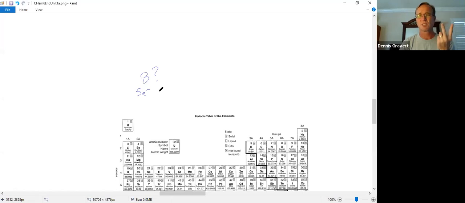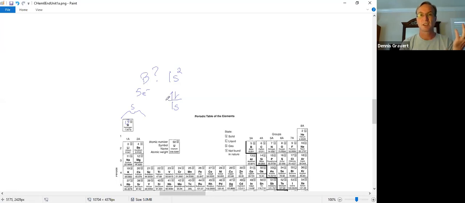The first electron behaves like the electron in hydrogen, which is row 1, s block. So I'll write 1s with the arrow up. The second electron fills out this orbital, arrow down, or 1s squared. Took care of 2 electrons, but there's 5 altogether.